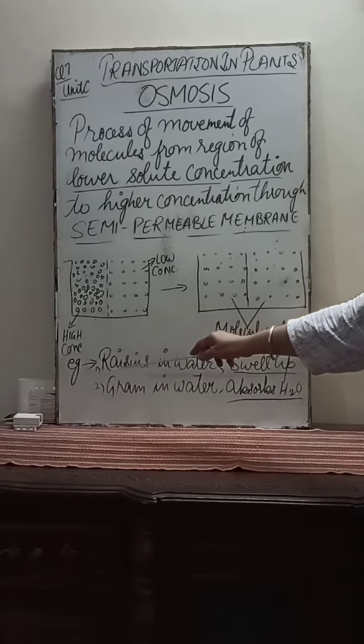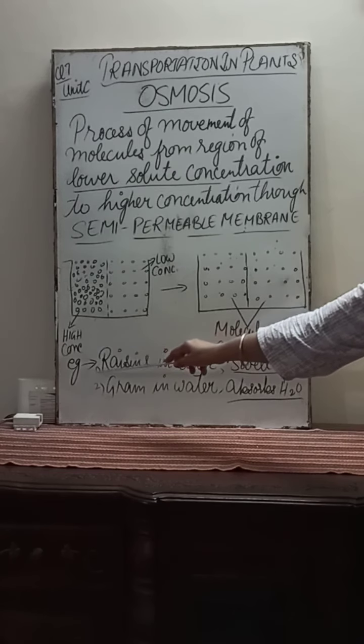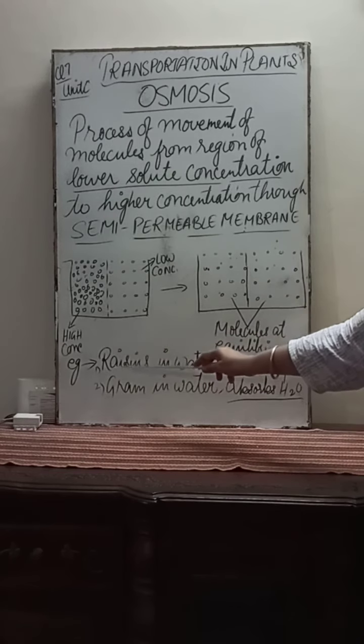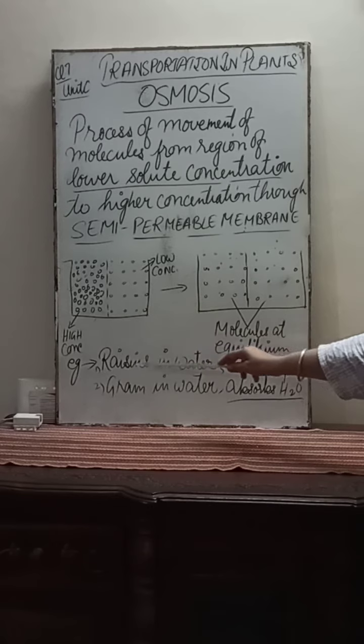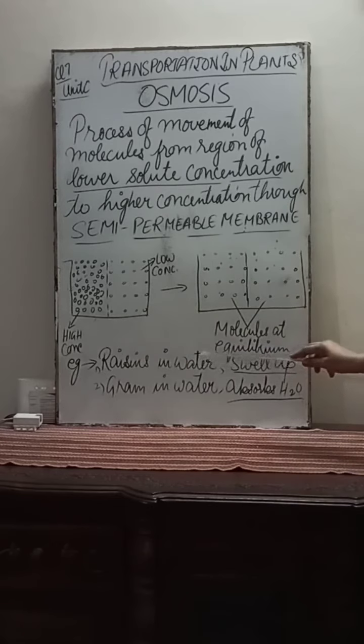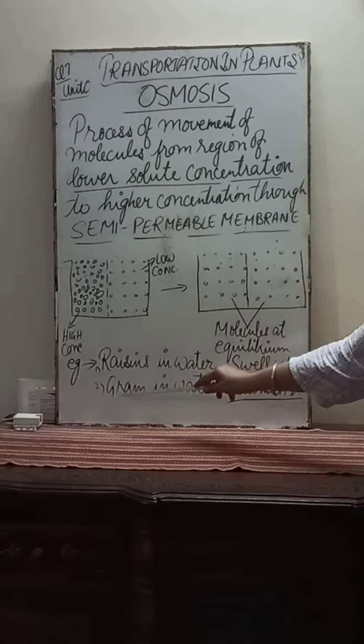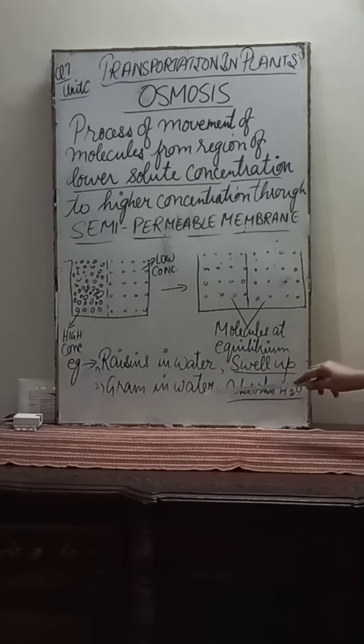Okay, now we will understand osmosis with a few examples. First, raisins soaked in water. We will see after some time that the raisins swell up. They absorb water. Second example is gram soaked in water.